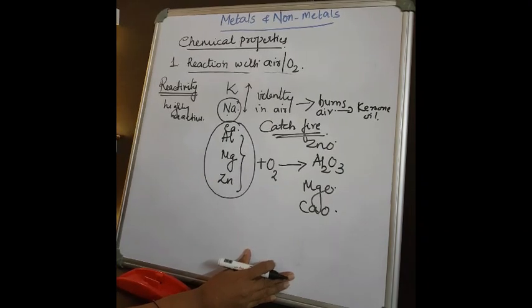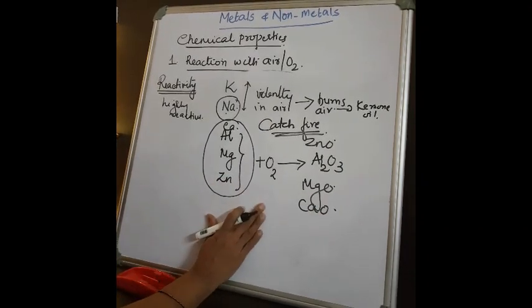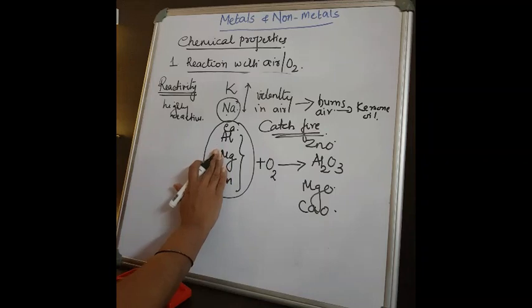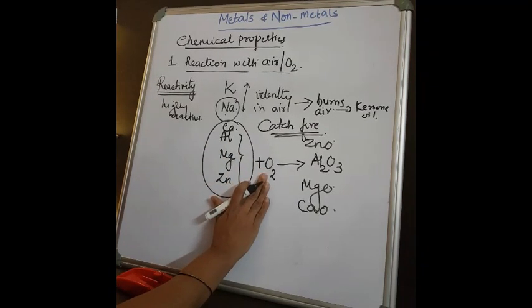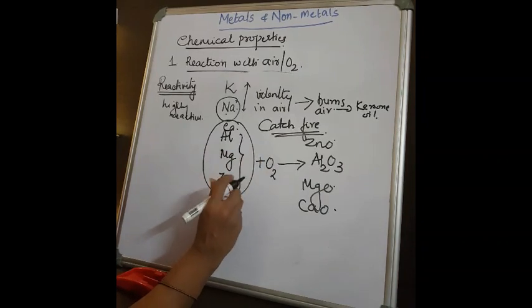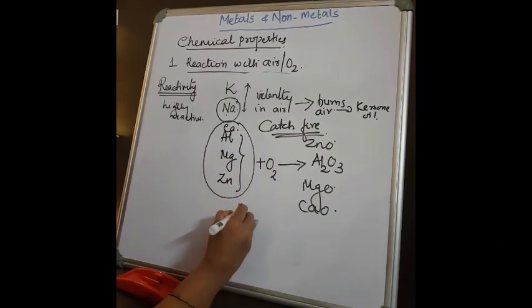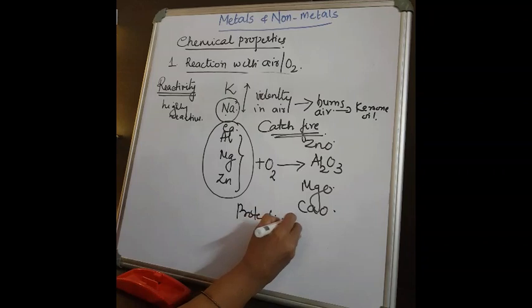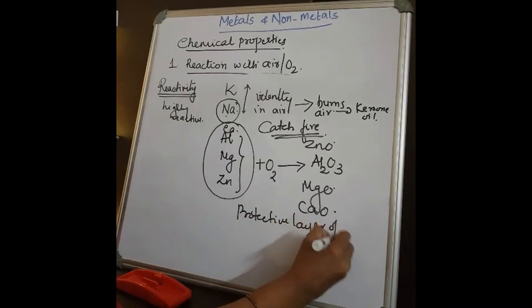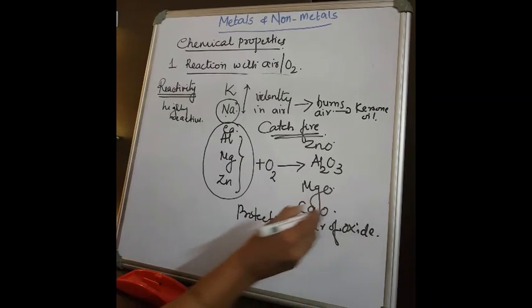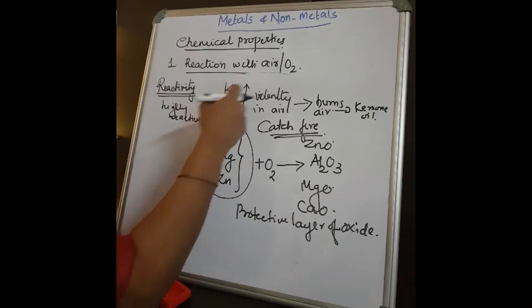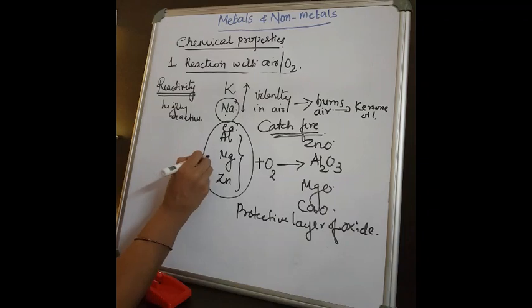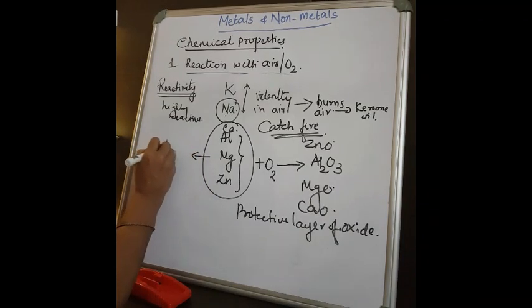Now, the peculiarity of these oxides is that these metals react with the oxygen in the atmosphere, initially forming a protective layer of their oxide. Listen, these metals do not react violently. So what will we say? We will say they are moderately reactive, correct?